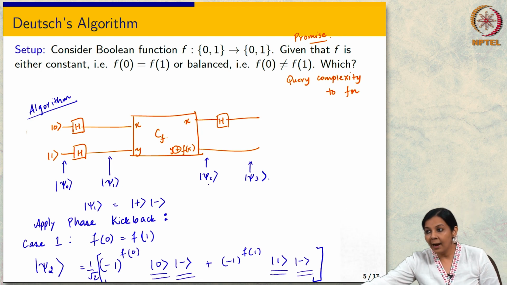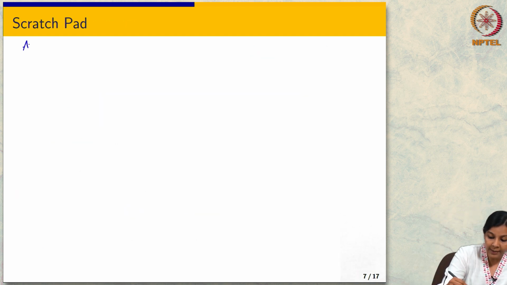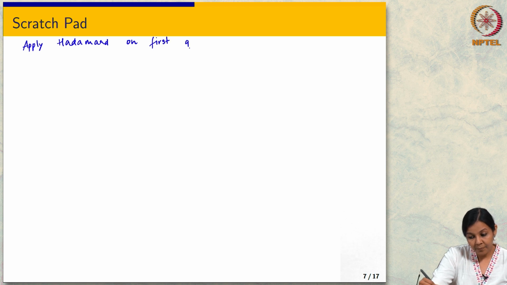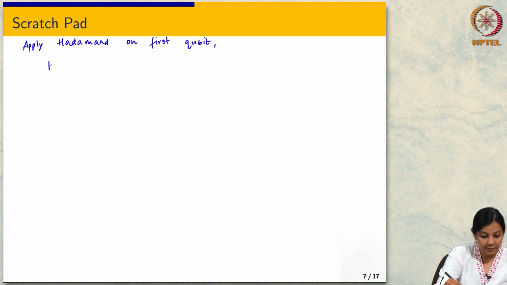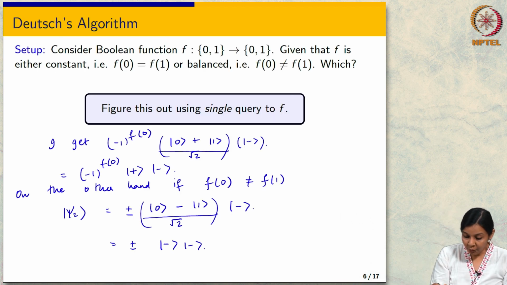Now I again apply a Hadamard on the first qubit. So now I get psi 3. In the first case, if f(0) is equal to f(1), then we got plus here, and on the other hand, if the two are not equal, then we got minus.